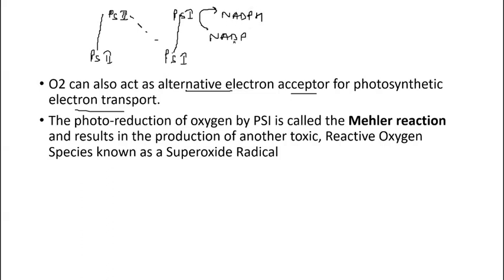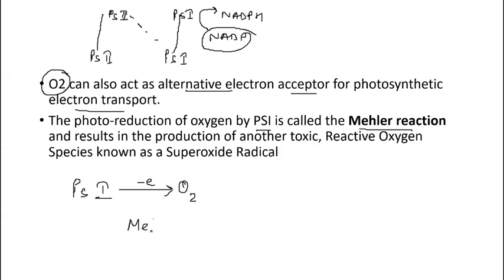So instead of NADP acting as an electron acceptor, it can be oxygen also. Once oxygen is reduced by PS1, it is known as Mehler reaction. So when electrons are transferred from PS1 to oxygen, this is known as Mehler's reaction.